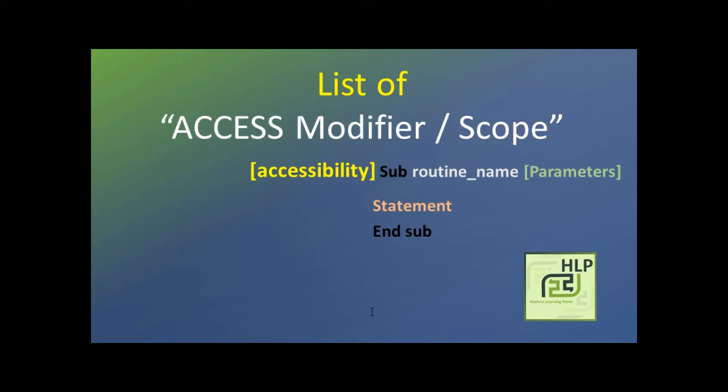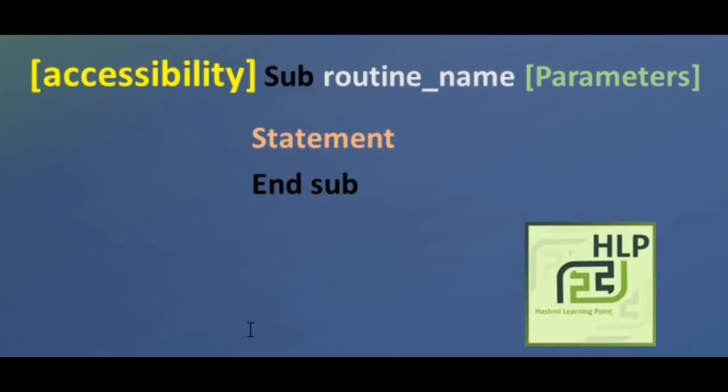We have already discussed that in our previous lecture, where we understood how to write subroutine procedures in detail. The first part of any sub procedure or subroutine is the accessibility. Basically, this is the accessibility from where we can access any subroutine or variable.